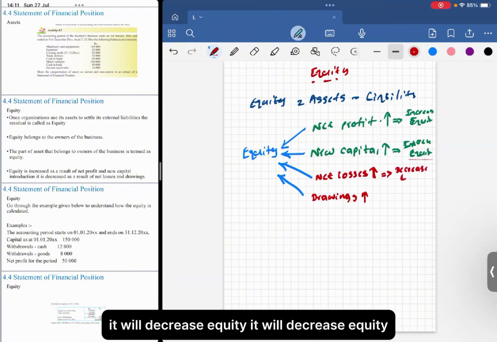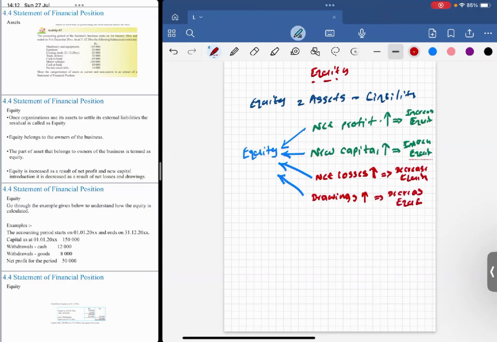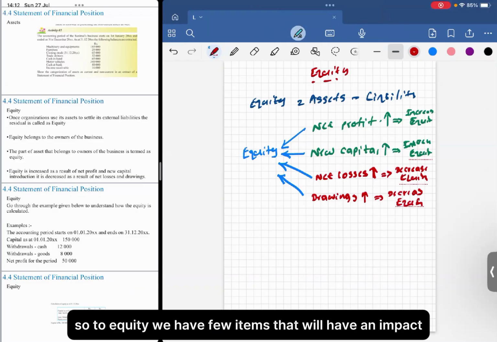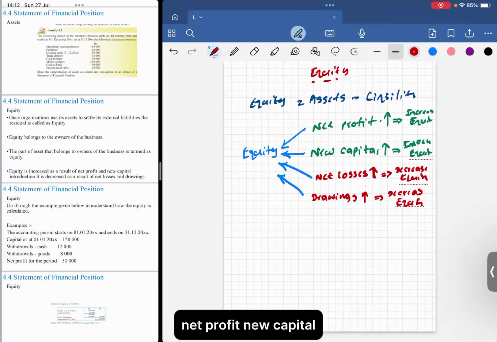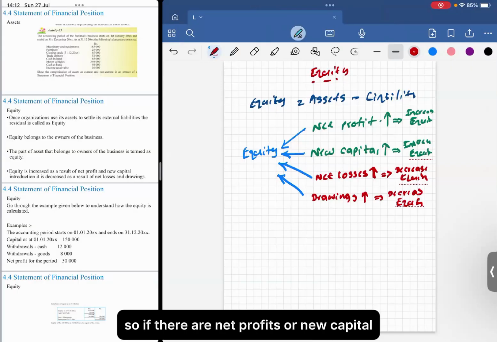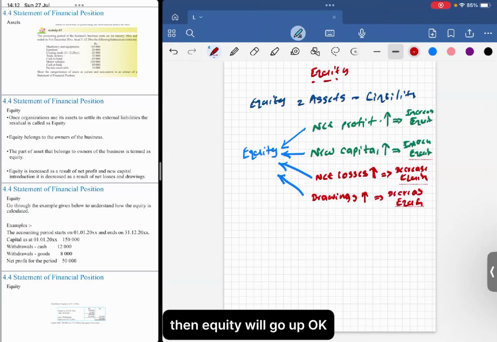So the items that have an impact on equity are net profit, new capital, net losses, and drawings. If there are net profits or new capital, equity will go up. If there are net losses or drawings, equity will come down.